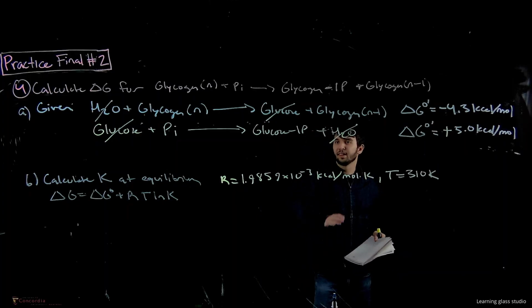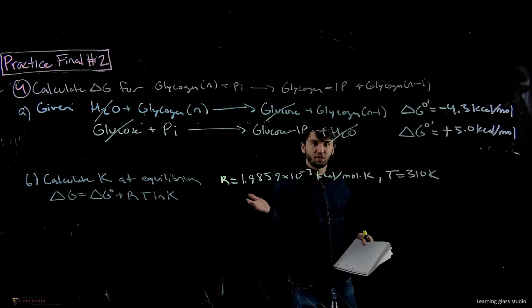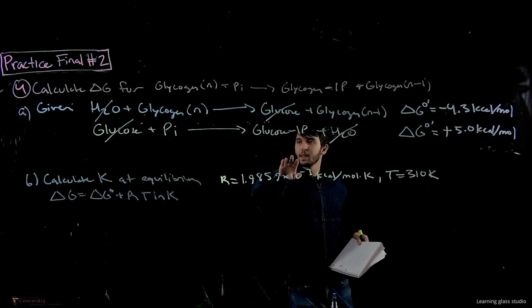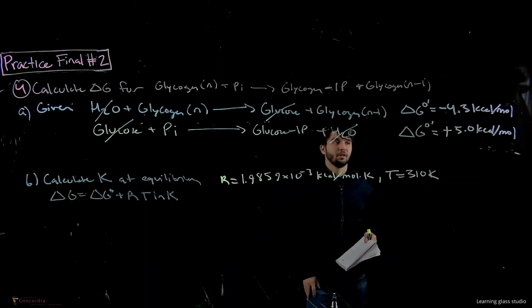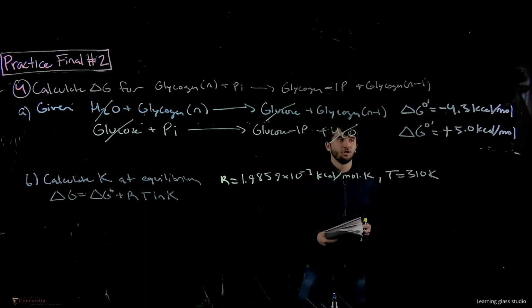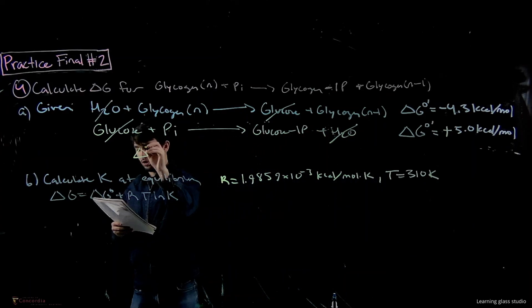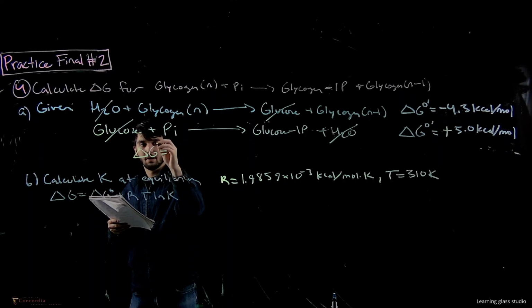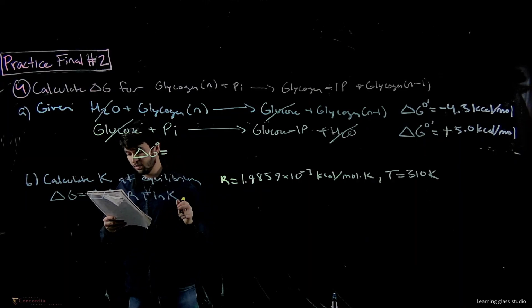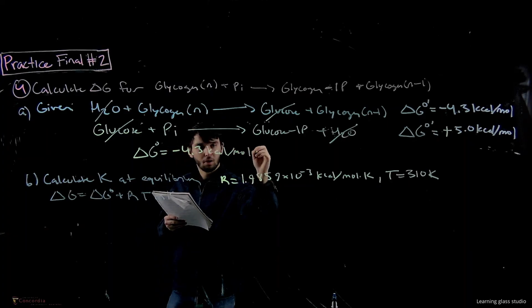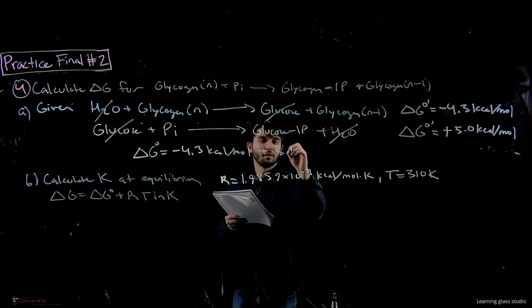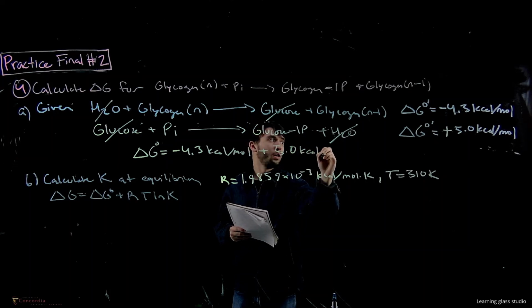So that's why I flipped the second equation, because when you add this normal reaction with this flipped reaction, they add together to get this top reaction. And because of that, now we can add their delta Gs. So delta G is going to be equal to negative 4.3 kcal per mole plus 5.0 kcal per mole.